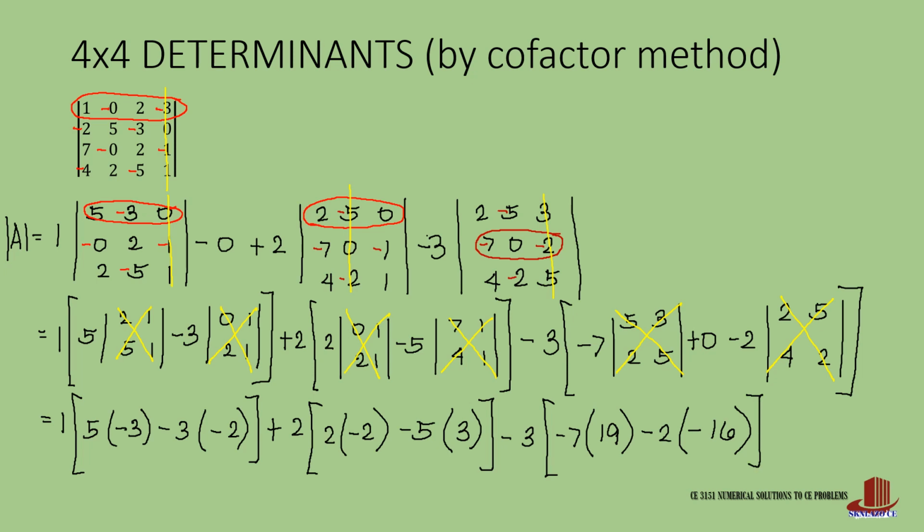Okay, so simplifying, 1 of negative 15 minus 3 minus 2 would be plus 6. Plus 2 with negative 4 minus 15. Less 3 with 7 times 19, giving us 133, and that is negative. Minus or plus 32.